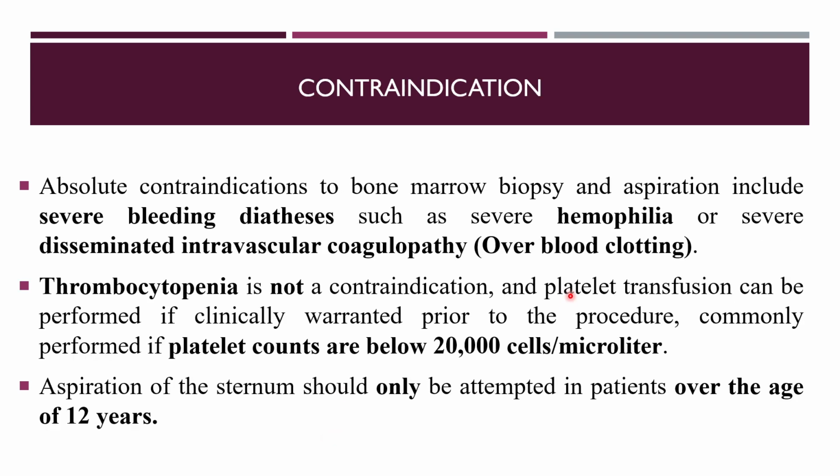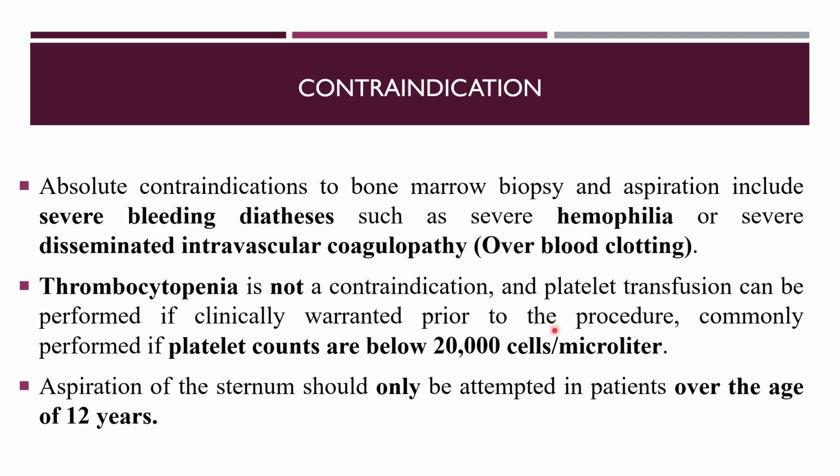In severe cases, the contraindications involve severe bleeding diathesis, in which there is loss of a large amount of blood, and hemophilia may be possible. Then severe disseminated intravascular coagulopathy, that means excessive blood clotting. Then thrombocytopenia. Actually, thrombocytopenia is not a contraindication because it can be re-evaluated.